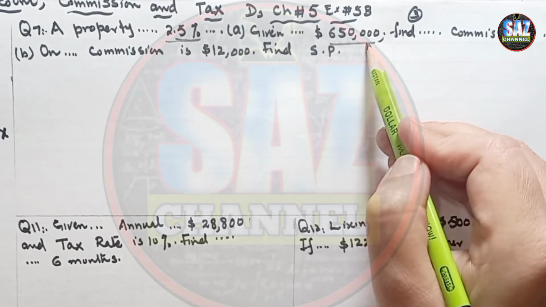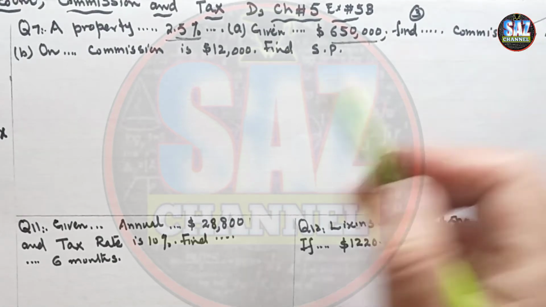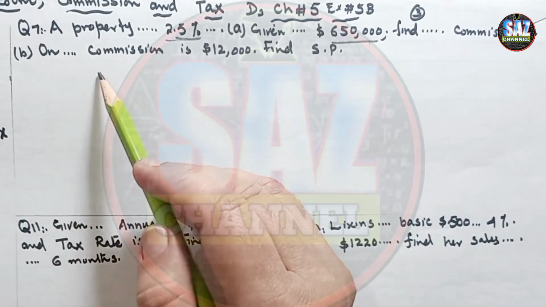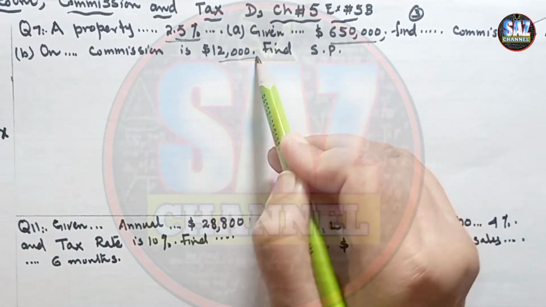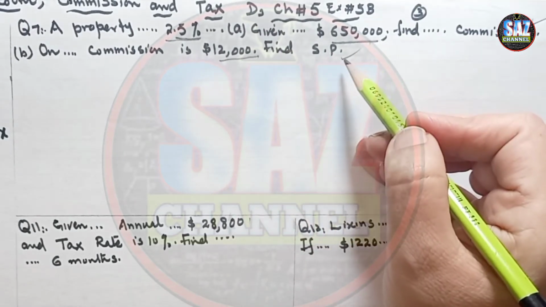Find the amount of the commission he receives. This is the first requirement of the question. And in the second part, it says, on another occasion, he receives a commission of 12,000. Find the selling price of the house.